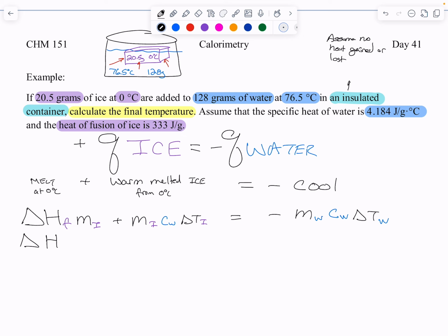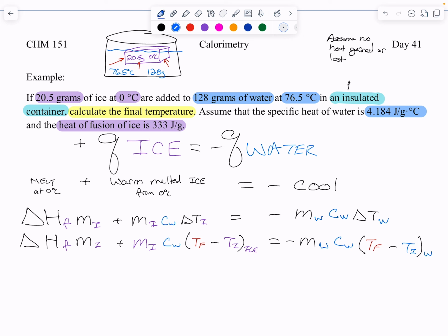So delta H_F times the mass of ice plus the mass of the ice, our specific heat of water, T final, which is what we're looking for, minus the initial temperature for the ice, equals negative mass of the water, specific heat of water, the final temperature, because the final temperature is the same for both, minus the initial temperature of the water.